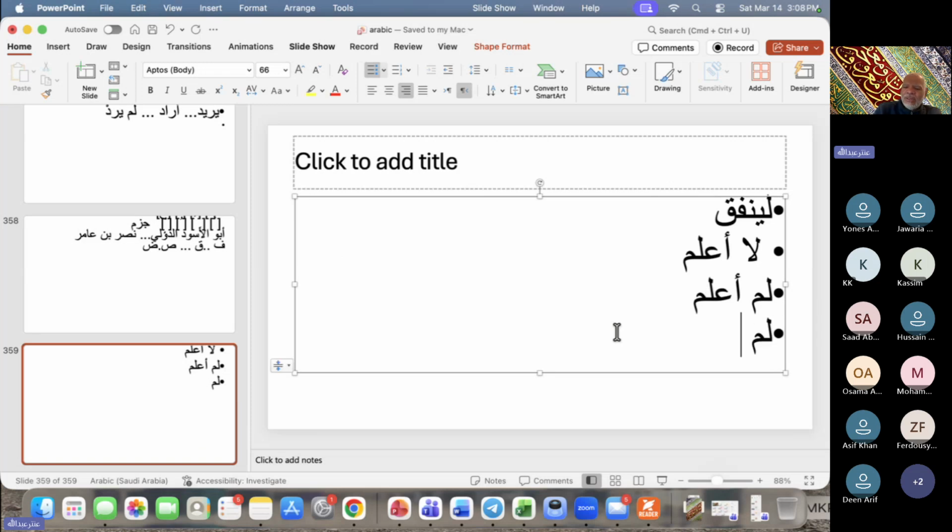Lam akun alam. What does this mean? I will not know? No, it is not the future. For the future, in fact, we already studied lan alam. Lan, which means I will never.